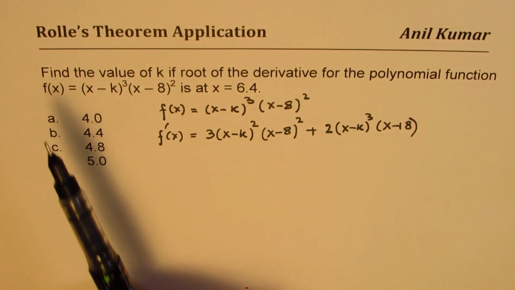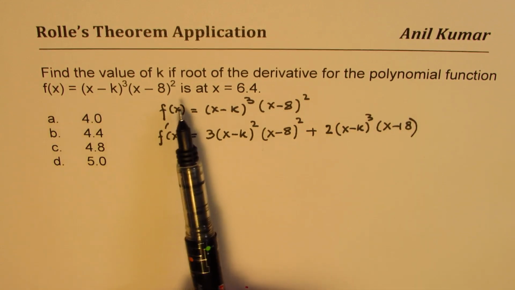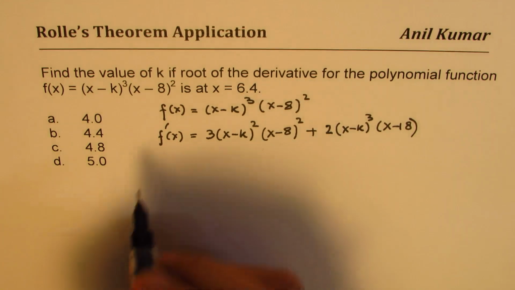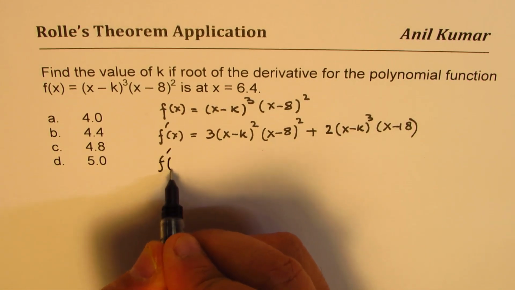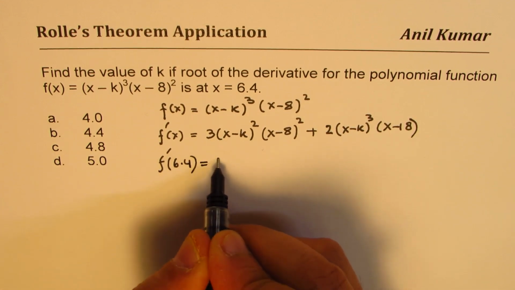Now, since we are saying find the value of k if the root of the derivative for the polynomial function is at 6.4, that really means that at 6.4, if I substitute 6.4 here, I get 0.